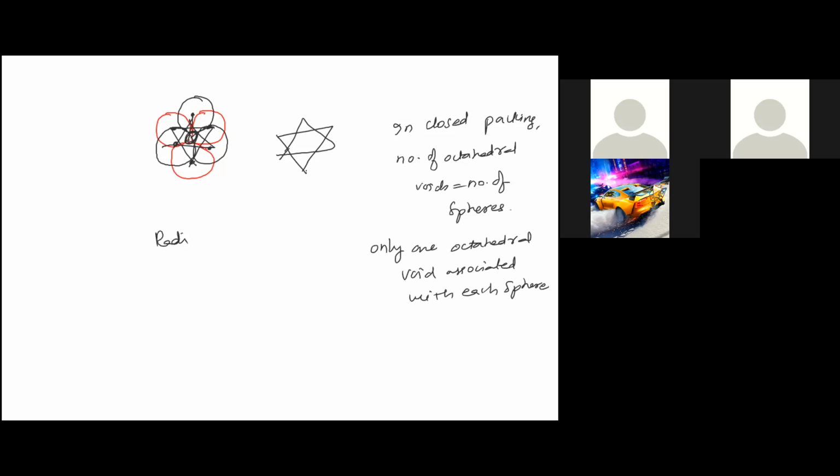The radius of the octahedral void, as I say, R void by R sphere is equal to 0.414. So this is about the octahedral and tetrahedral voids, but let me tell you how you locate them. If you're done copying this small part, I can go forward and we will see how we locate the tetrahedral and octahedral voids.